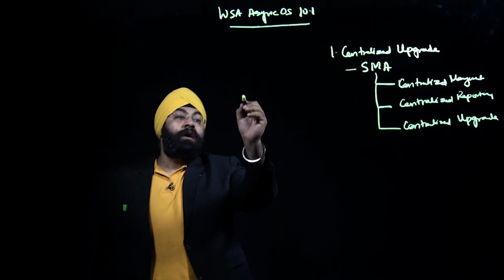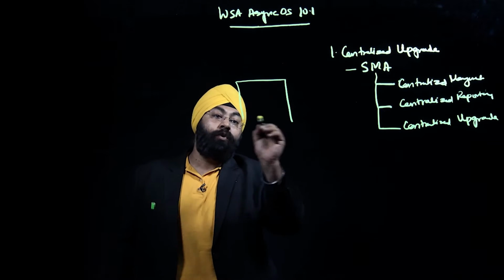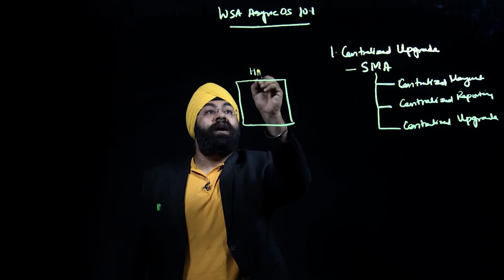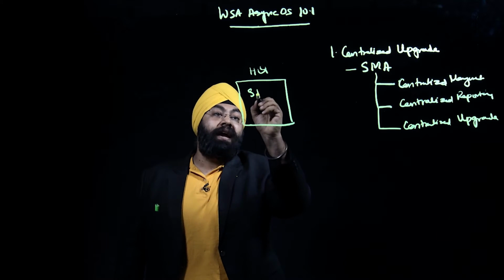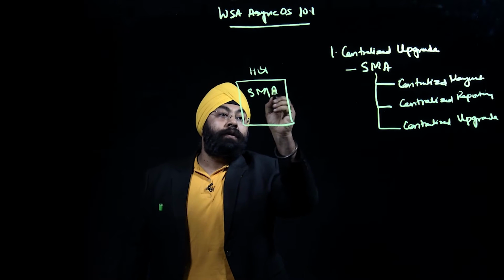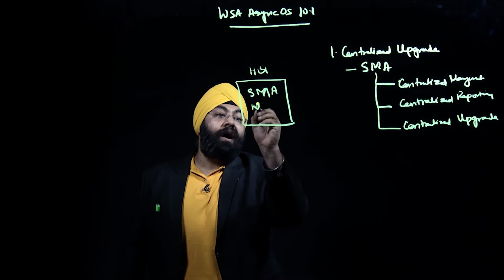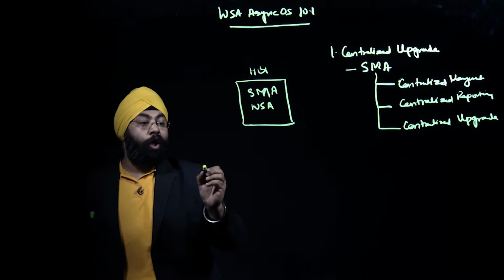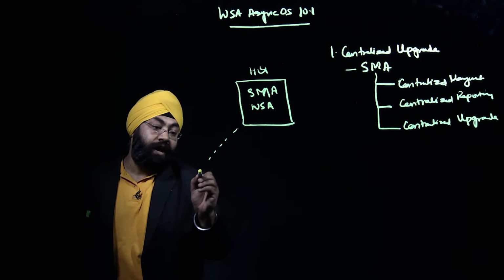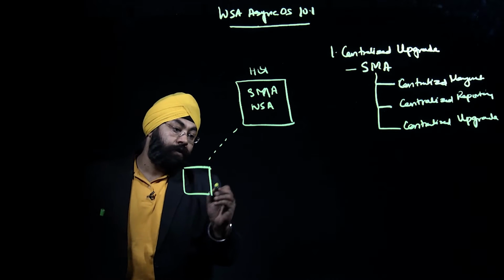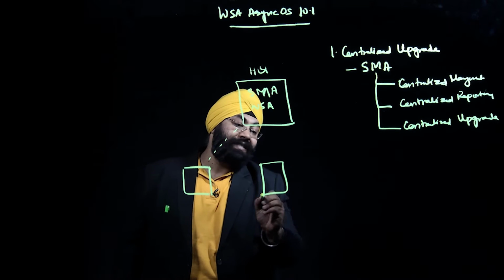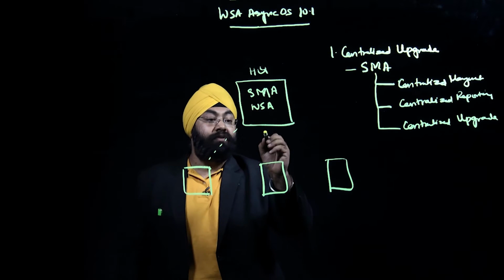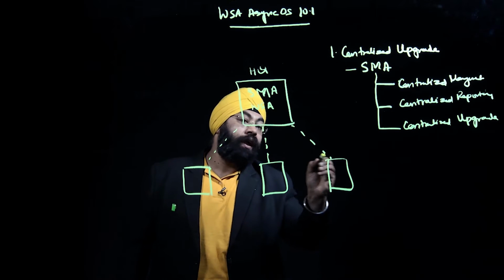So let's take a scenario where we have our headquarters. This is my headquarters where I have SMA as well as WSA. And along with that, I would have my remote sites. Say this is site 1, this is my site 2, and this is my site 3. So all are connected.